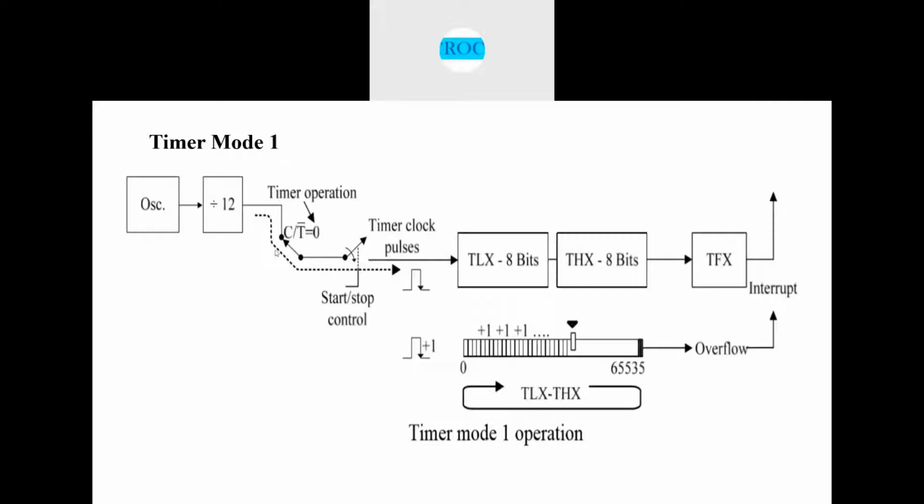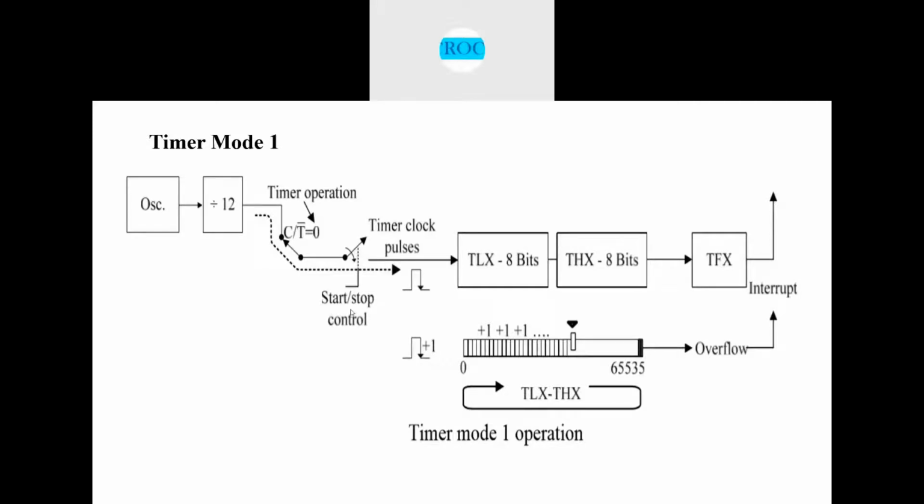Start or stop control could be software control or hardware control. In software control, we have the TR bits. If the TR bit is set for the respective timer, the switch will be connected here.